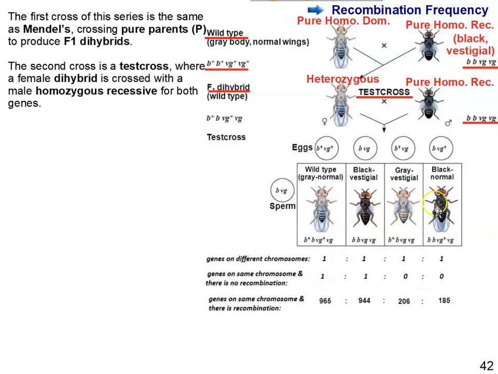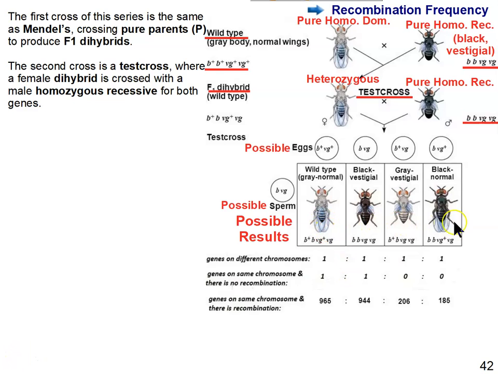All we need is a 4 square Punnett square because there are only 4 possible combinations of gametes from the female, which is normal in a dihybrid cross, or from a dihybrid, I should say. But because the male can only produce one kind of gamete, and that's all recessive, we really only have 4 possible combinations. So these are possible combinations of sperm and egg, and therefore possible results. In other words, what we would predict.